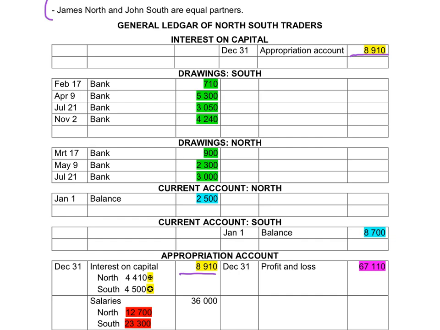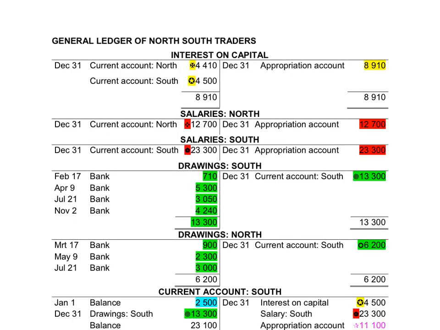So they give us the amounts for interest for North and South, and we will first complete the entry for the adjustment for the 4,410 and the 4,500. So the interest on capital account will be debited with 4,410 and 4,500, and this is an adjustment.